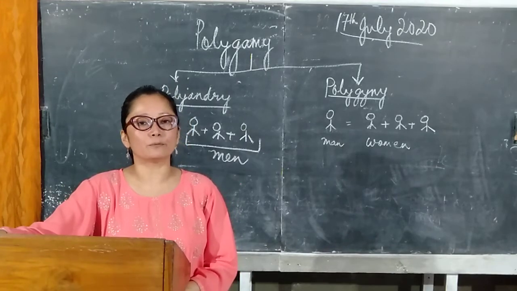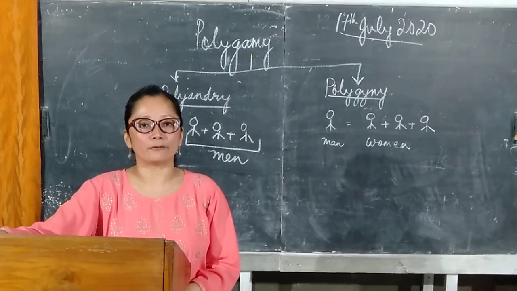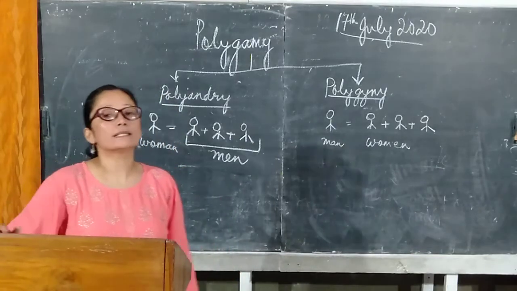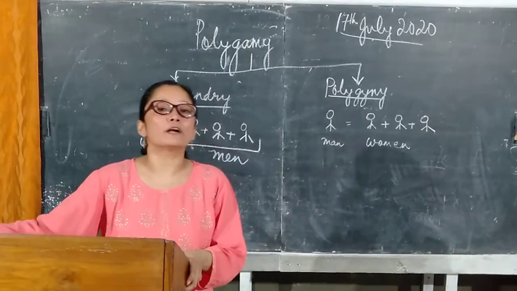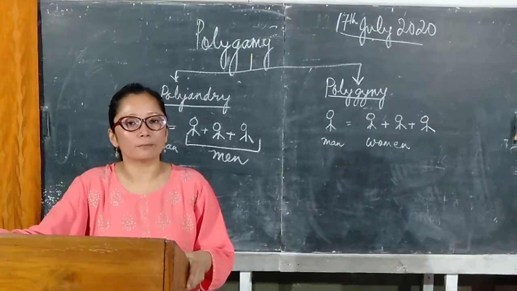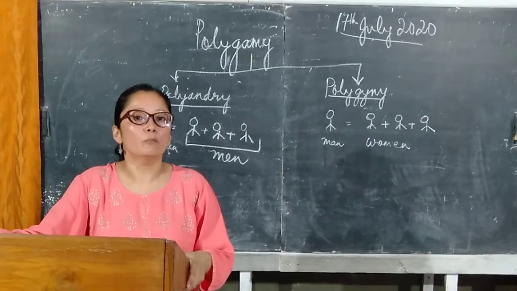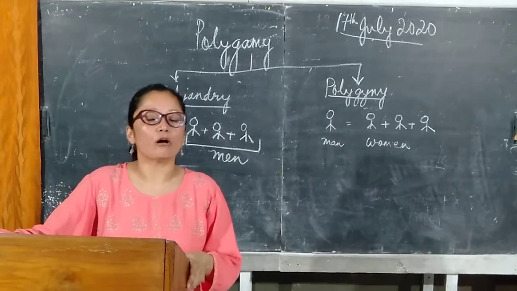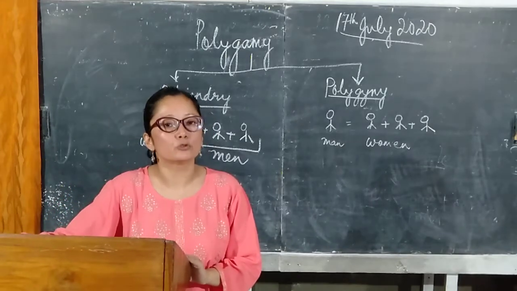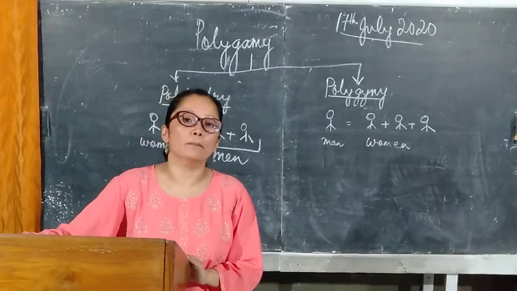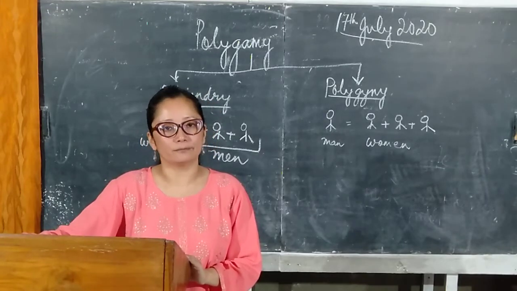So let us begin with the new form of marriage called polygamy. What is polygamy? Before I go on to that, most of you must have already heard about the marriage called monogamy. Monogamy means marriage of one individual to the other, which involves just the man and the woman.